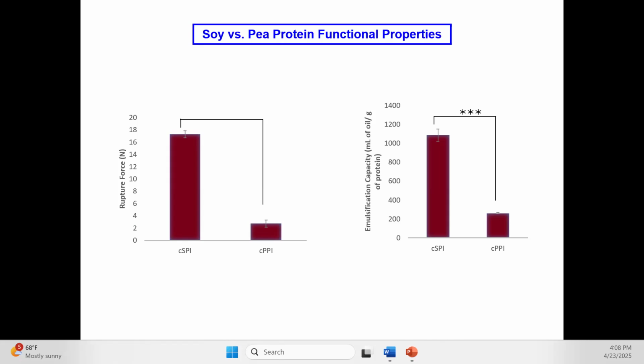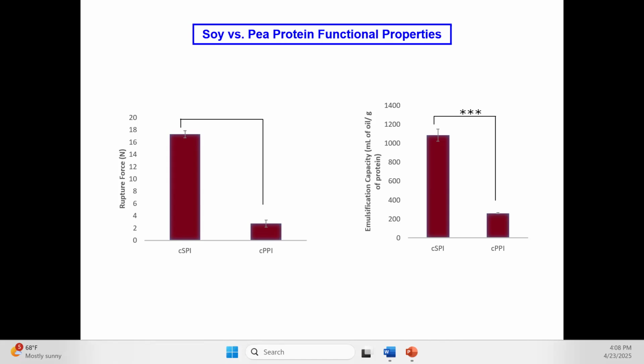You would think that, since vicilin is more of an emulsifier and pea protein has more vicilin, it would emulsify as well as soy, but it does not. This has to do with the balance of charge on the surface as much as hydrophobicity. Proteins are so complex that you cannot say one characteristic leads to a specific functionality.